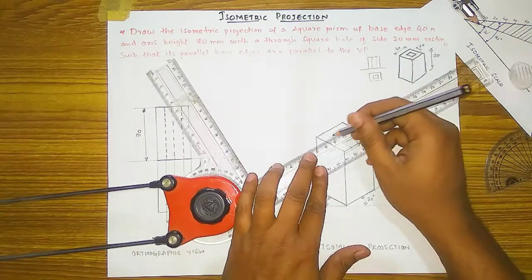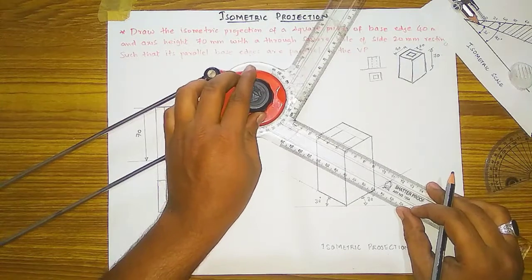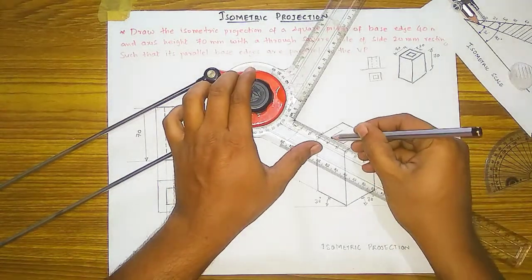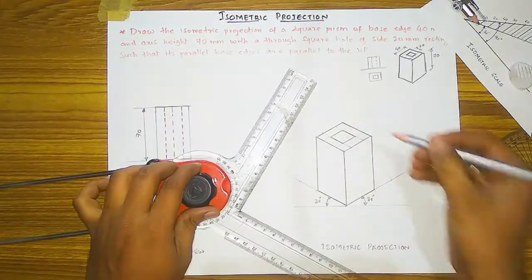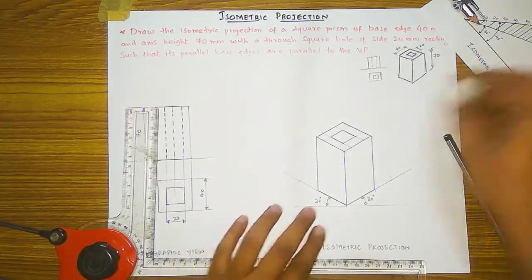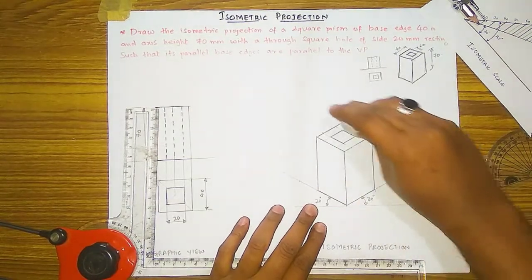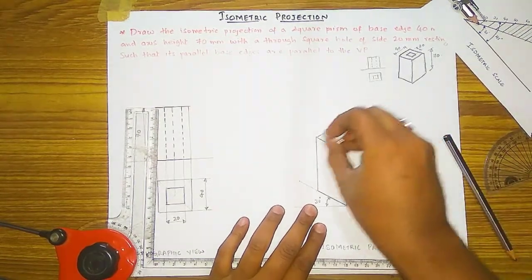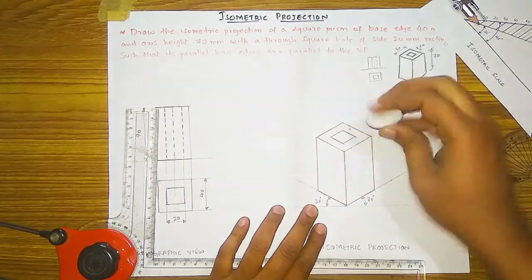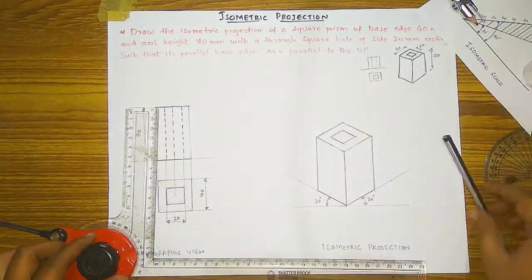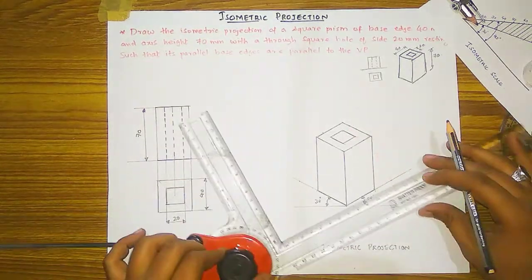Then darken. Okay, now you can rub out these extra lines you have done, and your square prism having a cutout of 20 mm has been created.